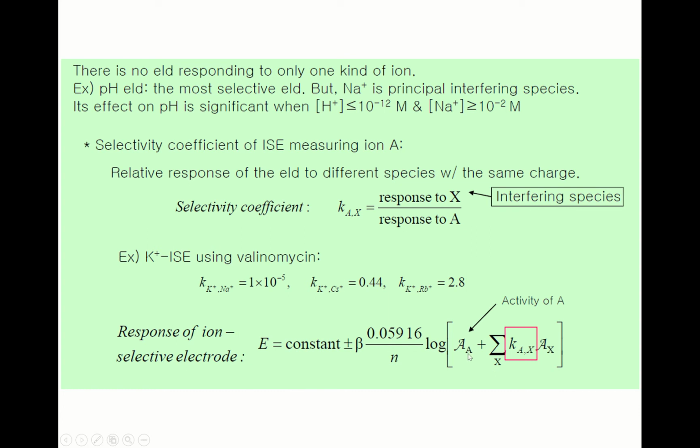Let's assume that ion A is your ion of interest, and there are many interfering ions, not only one, maybe two or three or even 10. Every interfering ion's factor should be added here, and then this logarithm term can be written as the activity of A plus the summation of all other ions' contributions. Quite simple.